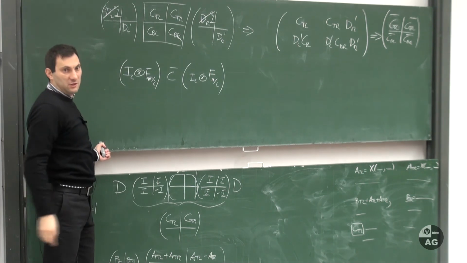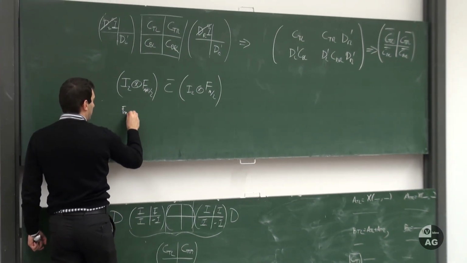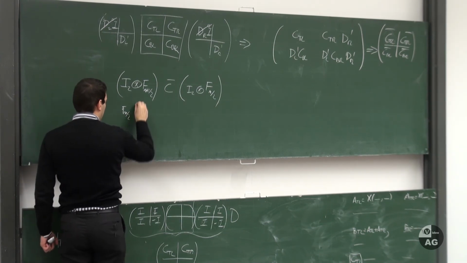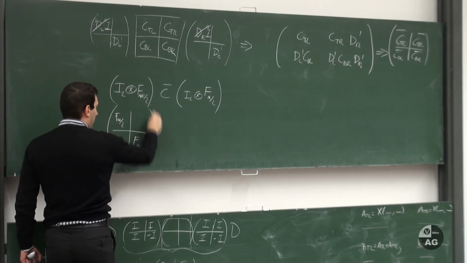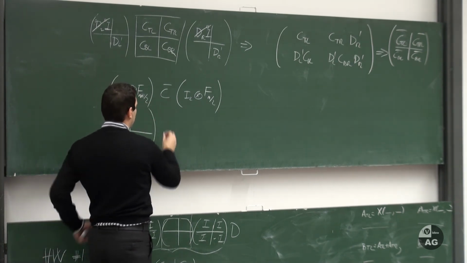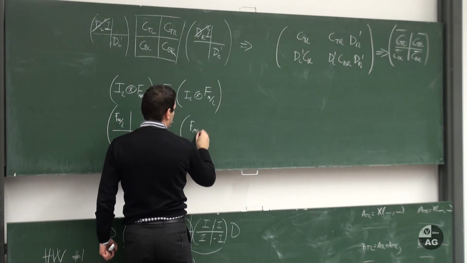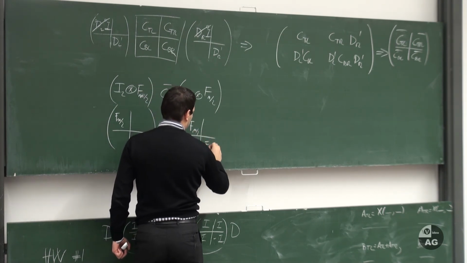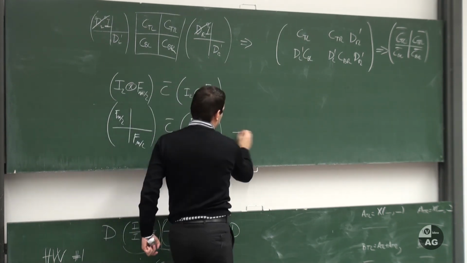We have seen already in the first assignment that this is F_{M over 2}, F_{M over 2}, once again a diagonal block matrix, F_{N over 2}, F_{N over 2}. Why don't we multiply everything out?